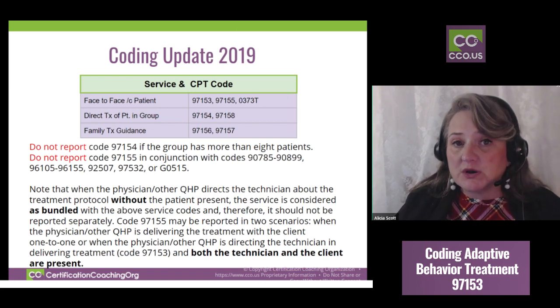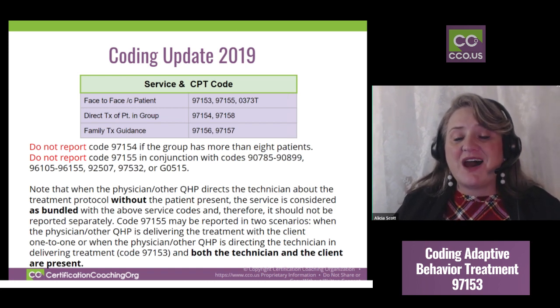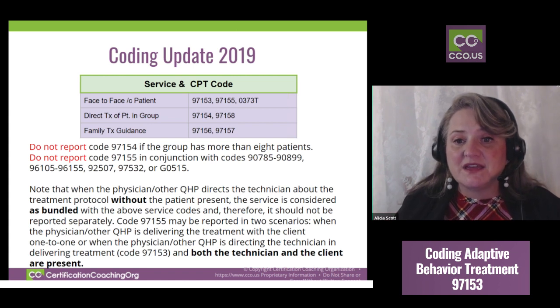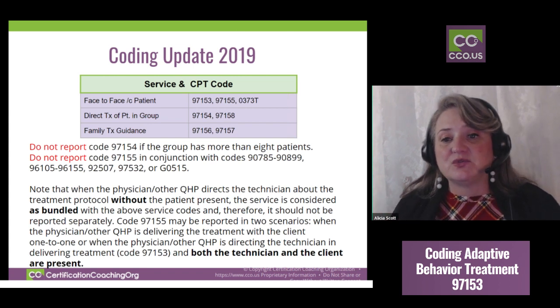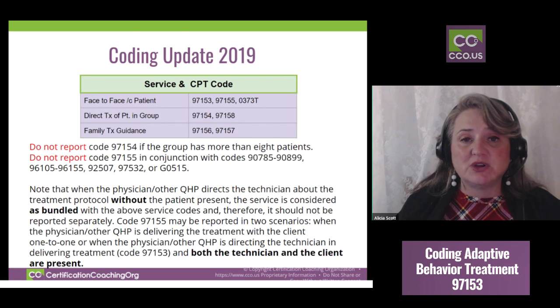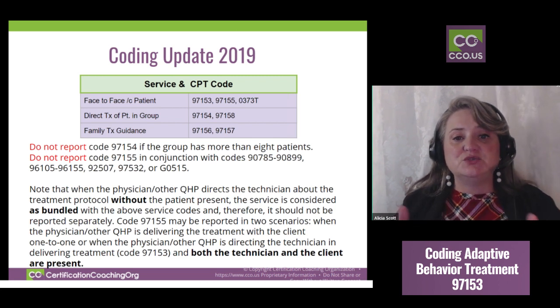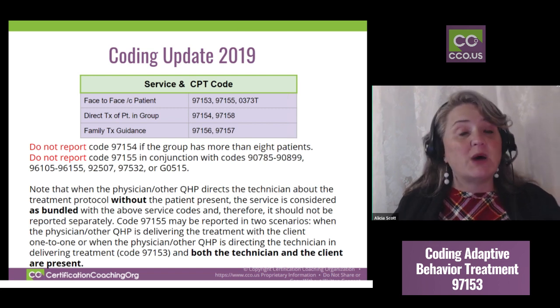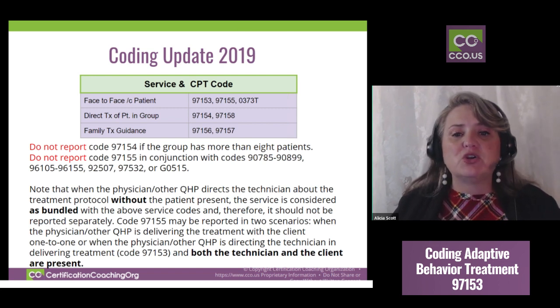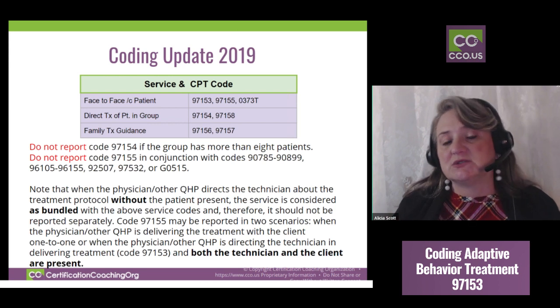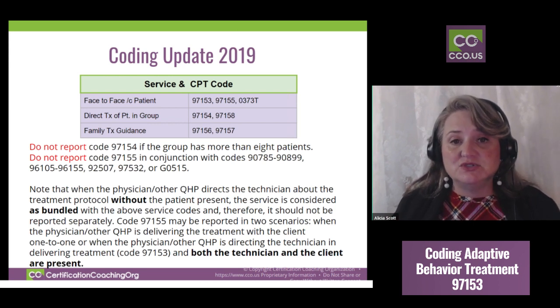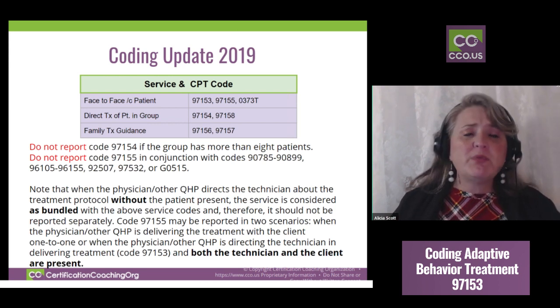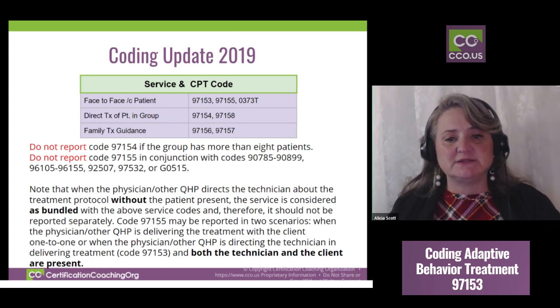Do not report 97155 with 90785 through 90899. So you have to go look and see what those codes are. And then it gives you other codes that it's not applicable to code those together. You might think that you could, but ultimately it usually means that those things are bundled in and you just don't do them together. But we're not going to talk about that. We're not going to get distracted.